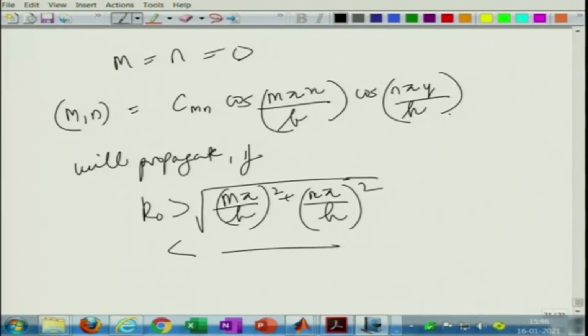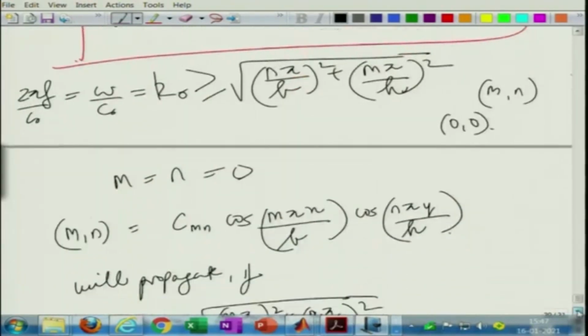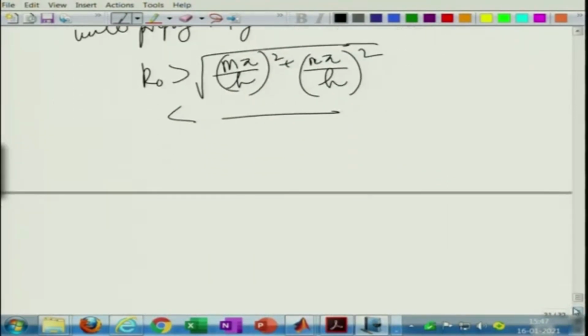So, what will we get? We need to go back to our earlier equation. When the mean flow is not there, this term goes away, you just have one, and then we get our regular form, which we can substitute in this equation. The solution for this equation is simple, and we can solve it by assuming a form: Z double prime plus k z squared times Z is equal to 0.